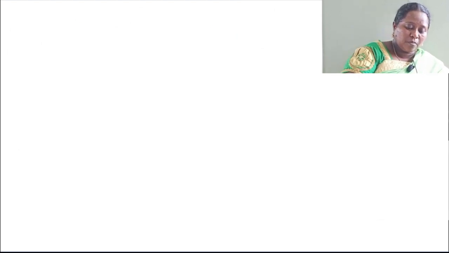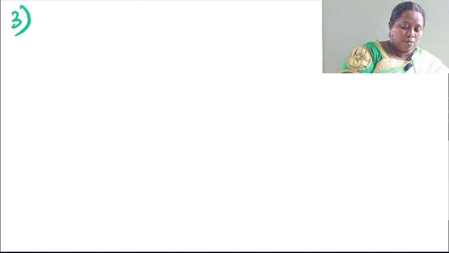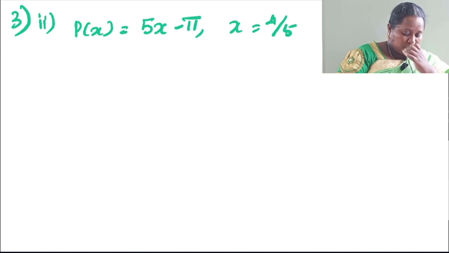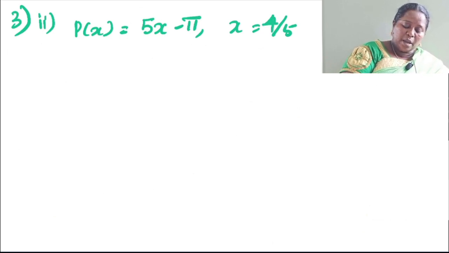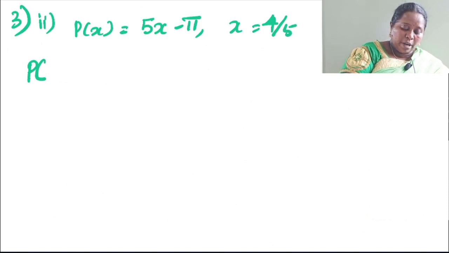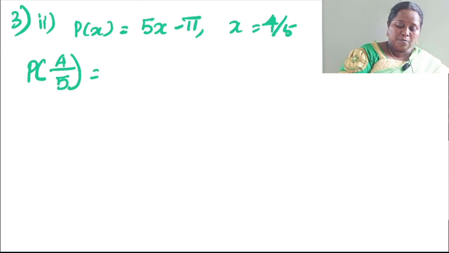The next sum, let me see one more sum. Second sum, p of x is equal to 5x minus pi, where x is equal to 4 by 5. I am going to substitute 4 by 5 instead of x.